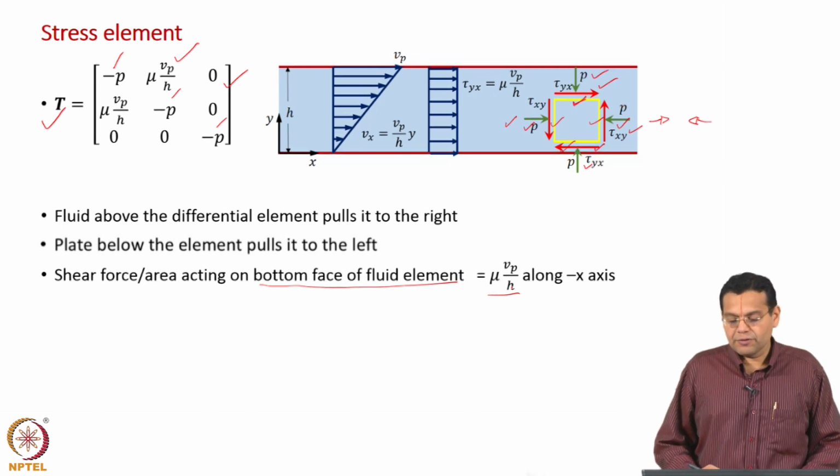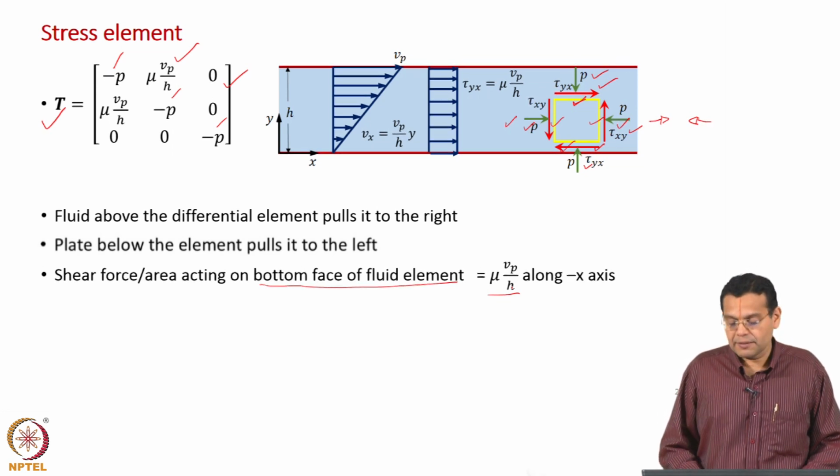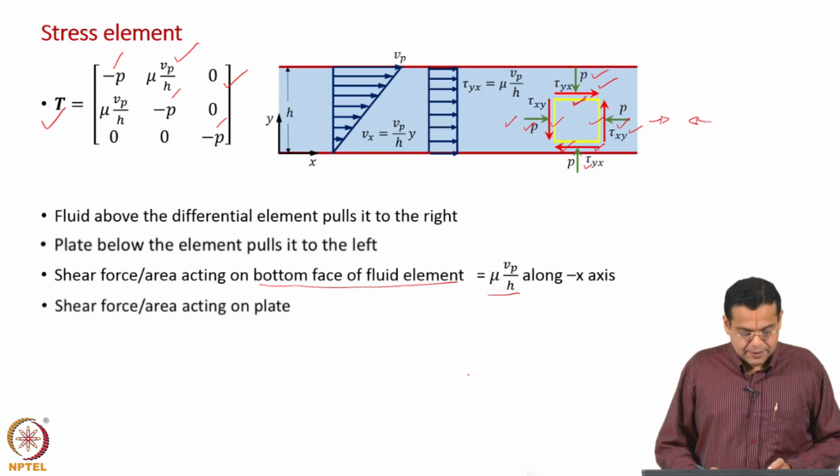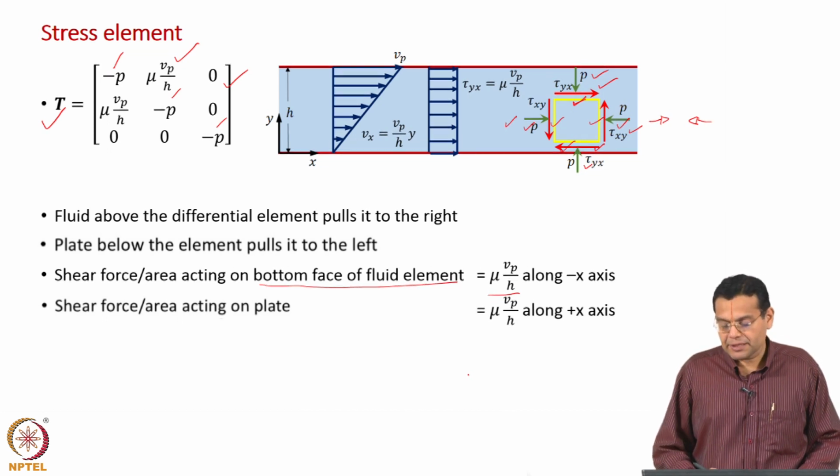Okay. Fluid at the bottom plate, because the plate is stationary, the plate tries to pull the fluid to the left. So, shear force acting on the fluid element is towards the negative x axis. And of course, shear force acting on the plate is the same magnitude mu V_p by h, but along the positive x axis.